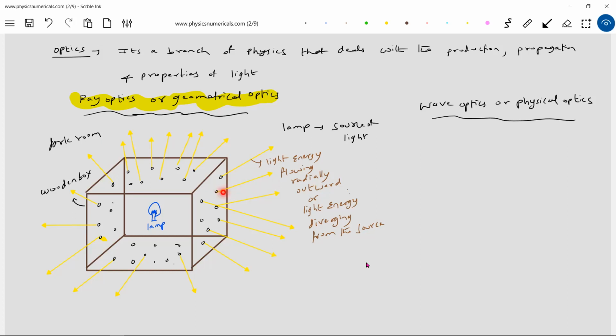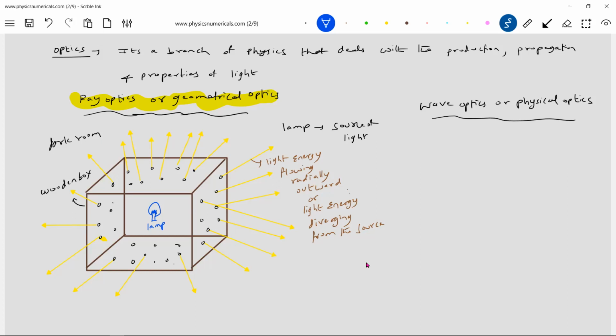Now definitely I can say the light energy is propagating in this direction. So these yellow color arrows indicate propagation of the light energy, diverging from the point source.